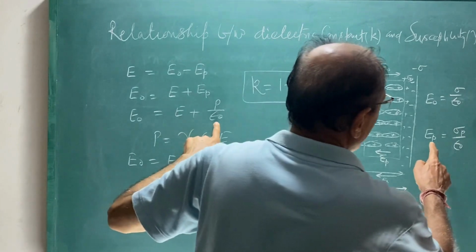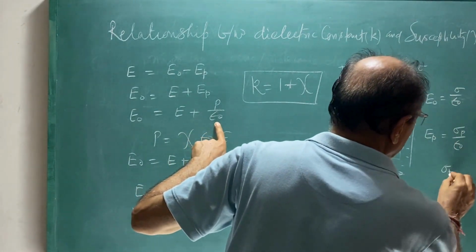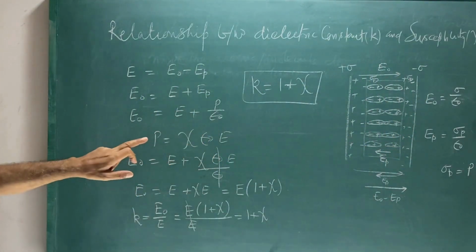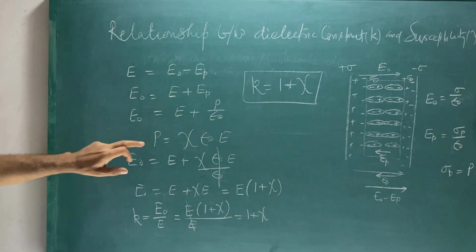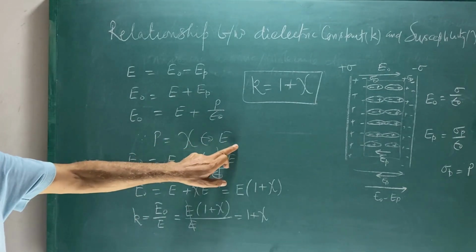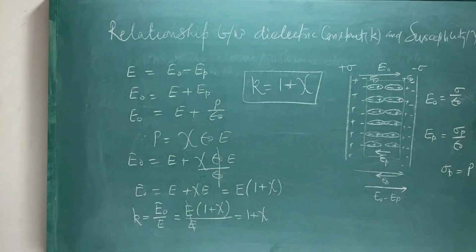Although the electric field will be, according to this, sigma P by epsilon naught. So sigma P is actually P. That I'll explain now. And also we know that P equals chi epsilon naught E, polarization vector. We have already studied that.